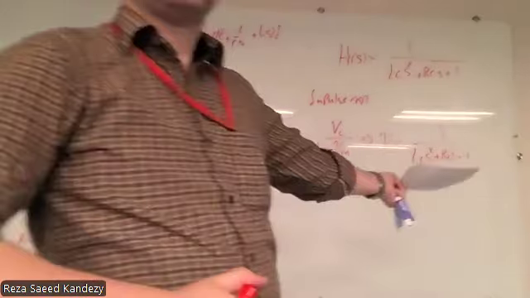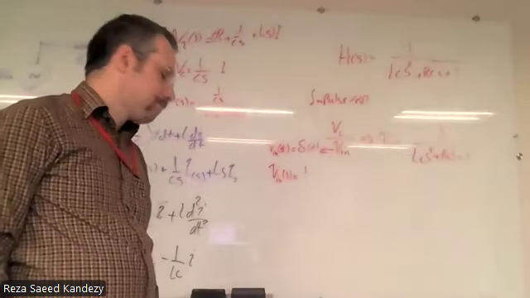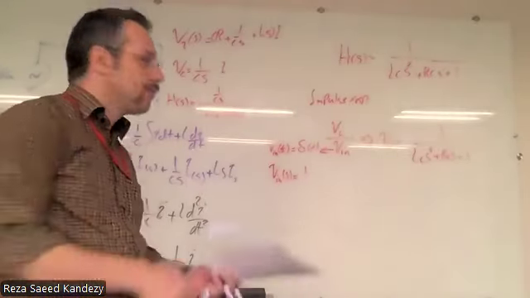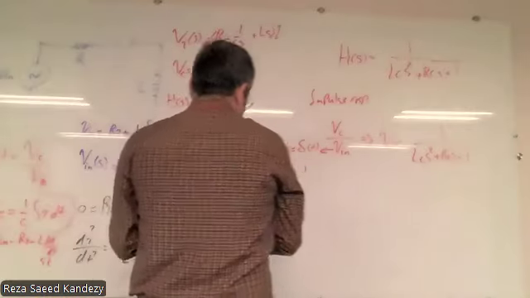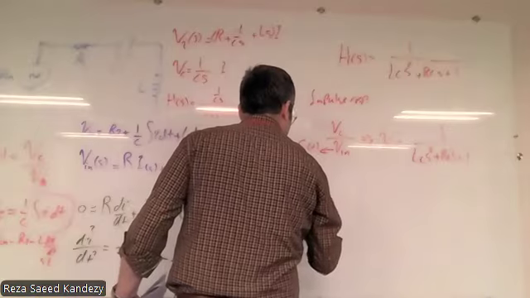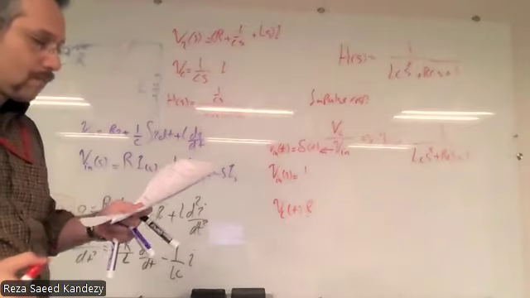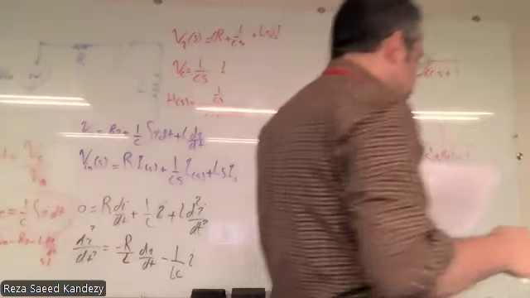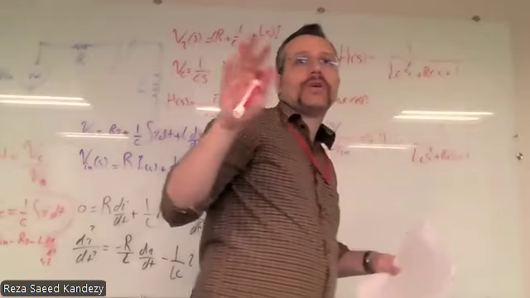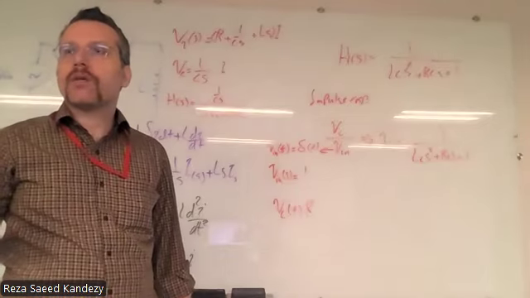Now, how can we transform that into a time domain function? We want to find VC in the time domain. This goes with a little bit of mathematical tricks.